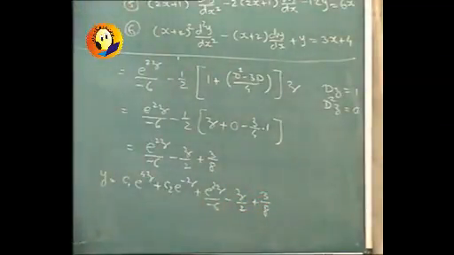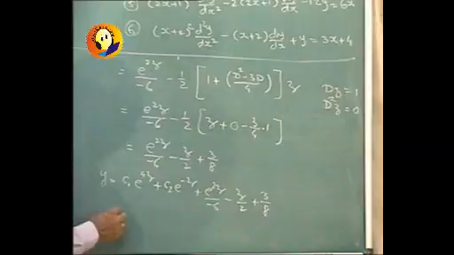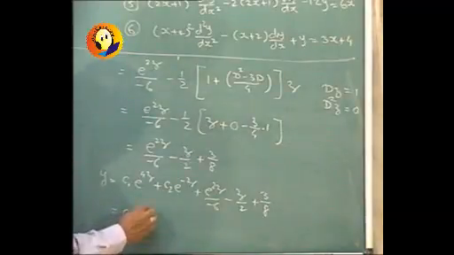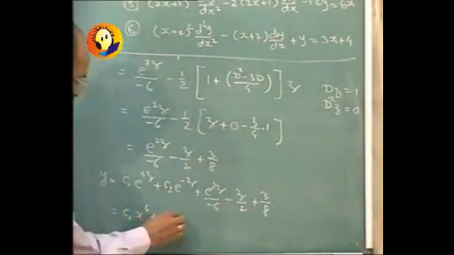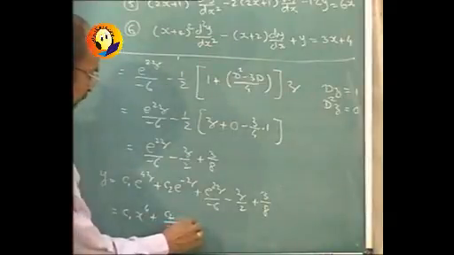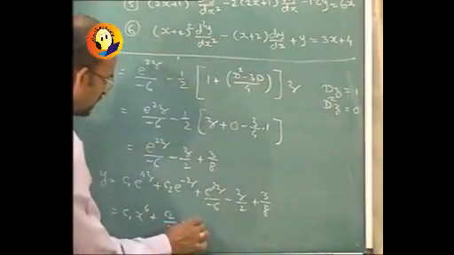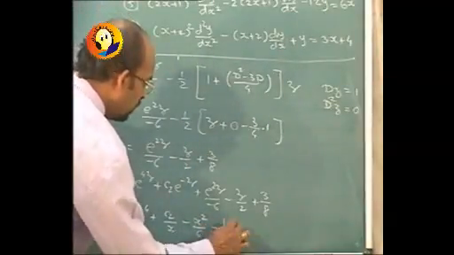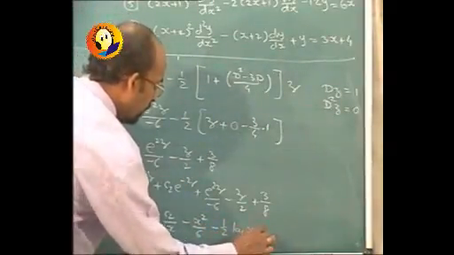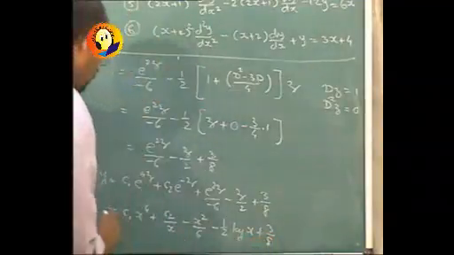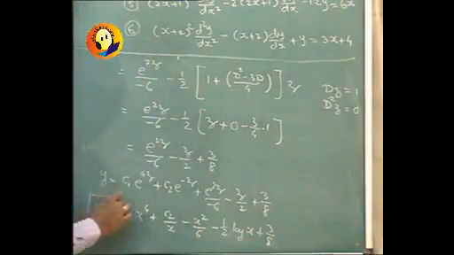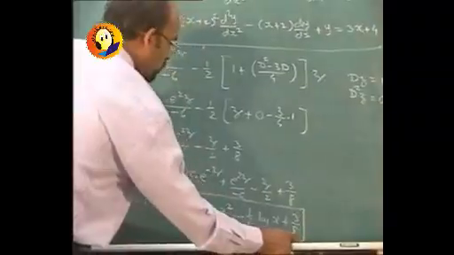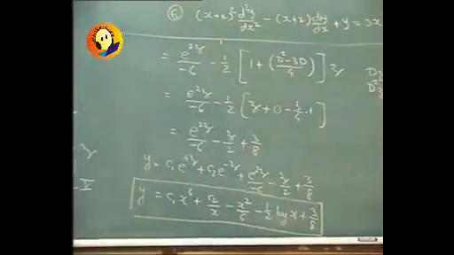And when we resubstitute for z as log x, or e raised to z as x, this will turn out to be C1 x raised to 4 plus C2 upon x plus, rather minus, x square by 6 minus half log x plus 3 by 8, which will be the required solution of the given homogeneous differential equation.